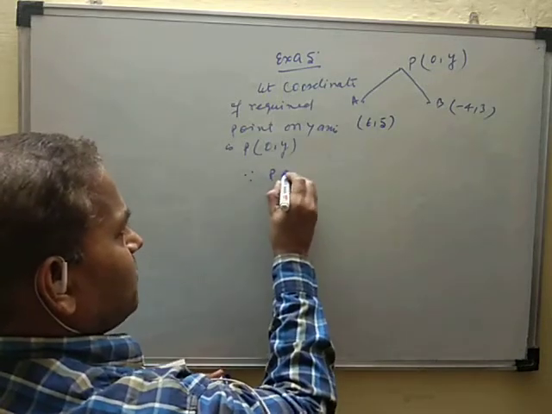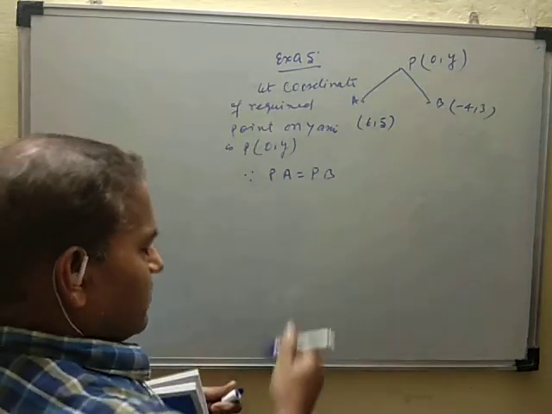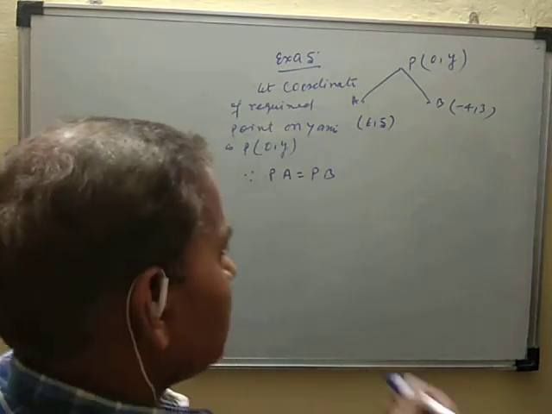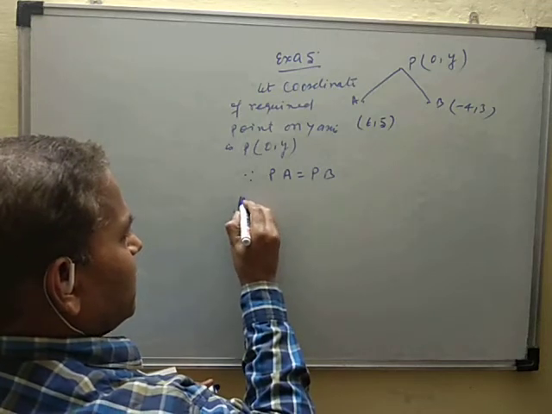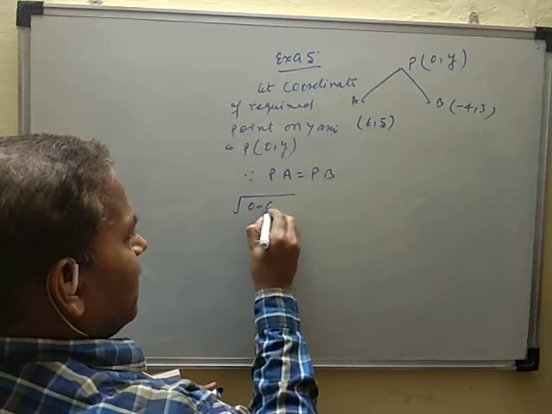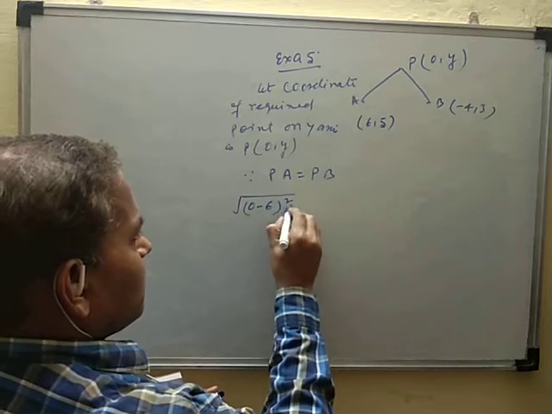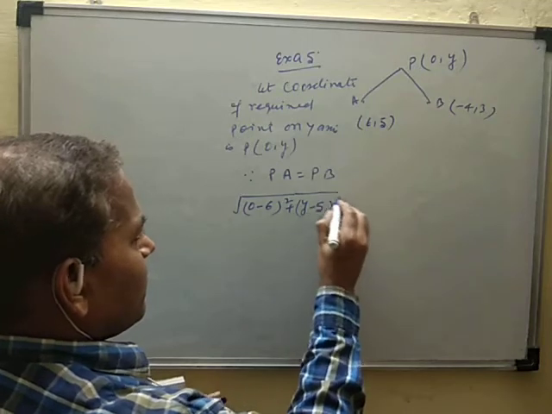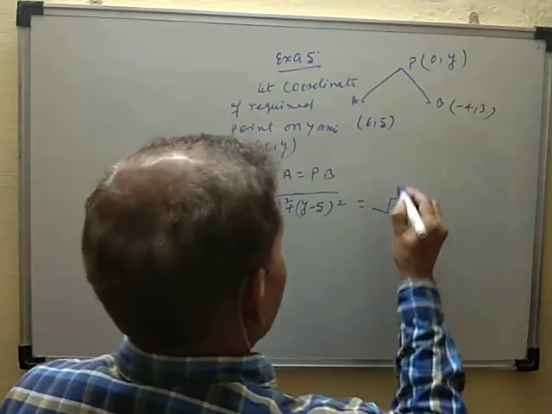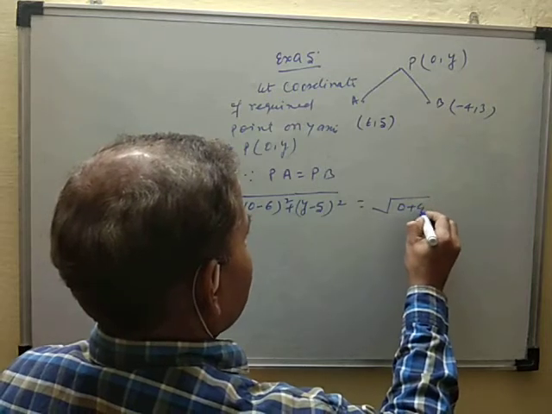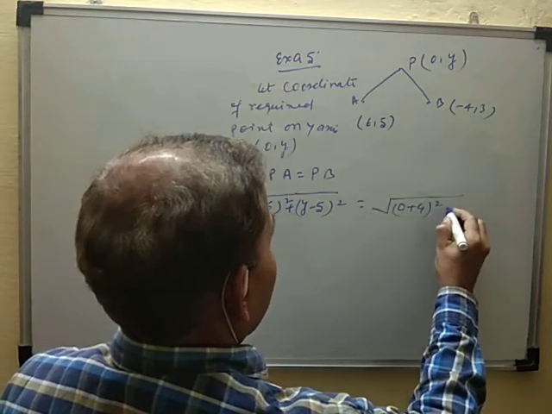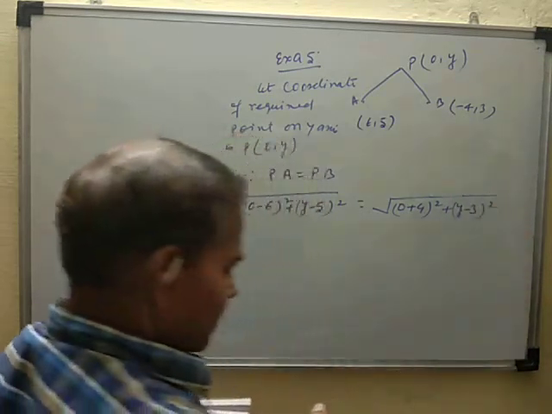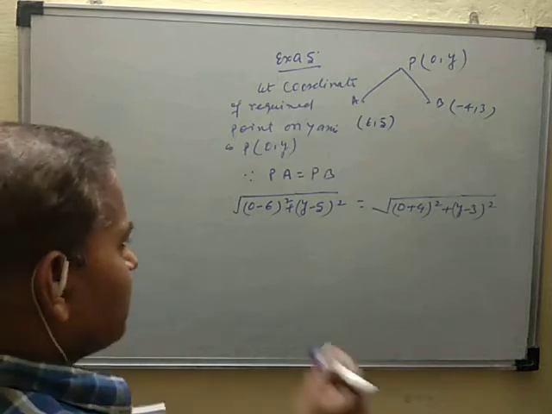So, since given PA is equal to PB, because point P is equidistant from point A and point B, use the distance formula. PA is the square root of (x1 minus x2) whole square plus (y1 minus y2) whole square. PB is the square root of (0 plus 4) whole square plus (y minus 3) whole square. Now simplify it.